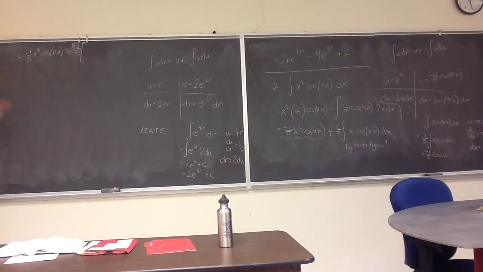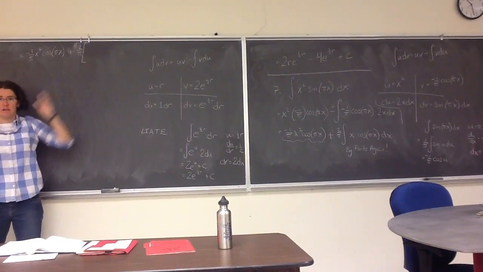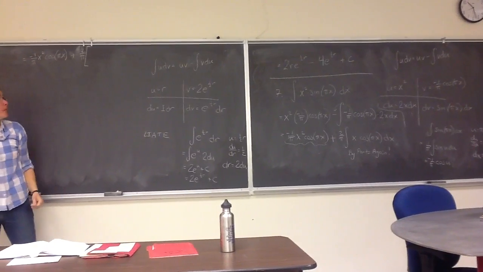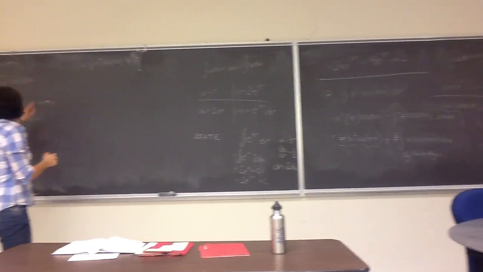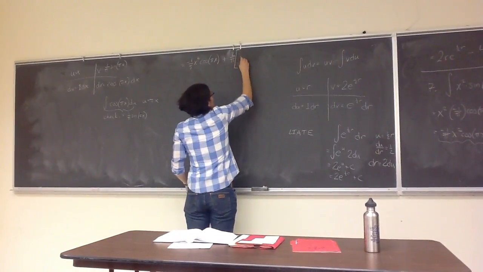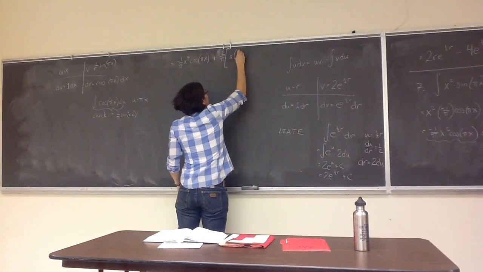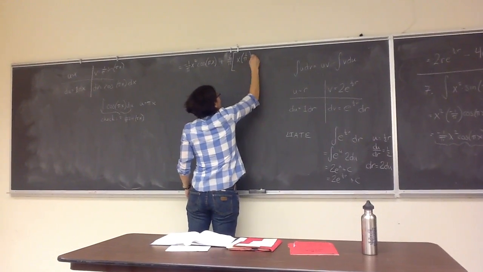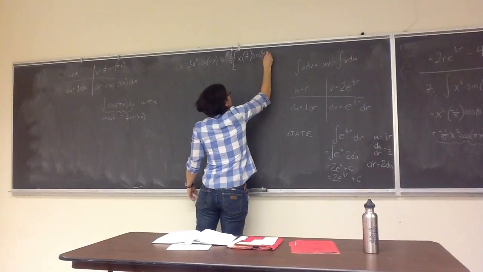So I want to make sure that I have the 2 over pi, and then I have a bracket to contain everything after that. So I have 2 over pi, I've got u times v, which is x times 1 over pi sine of pi x.